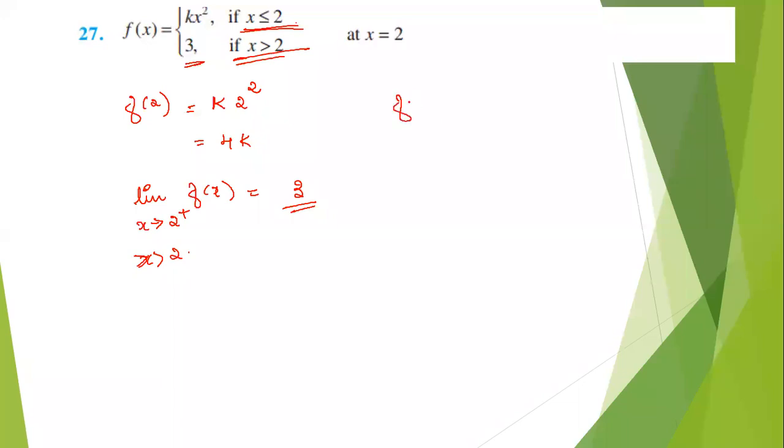So here we know the given function is continuous. So the functional value and the limiting value both are the same. So here we can equate this. 4k is equal to 3. So what will be k? K will be nothing but 3 by 4.